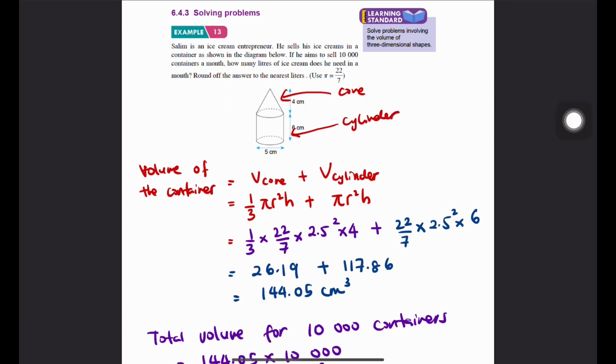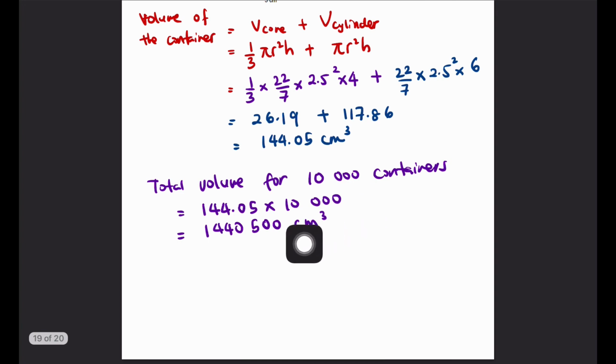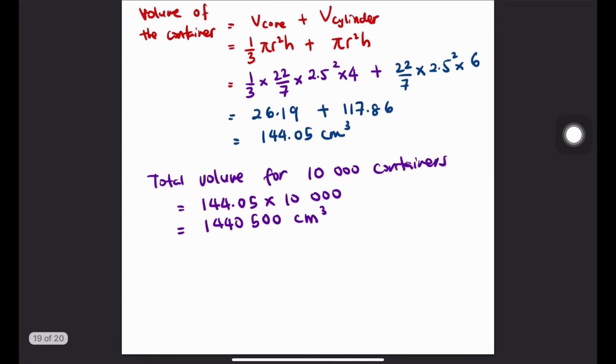Now our answer is in centimeter cube, so we need to convert it into liter. We know that 1 liter is equal to 1000 centimeter cube.